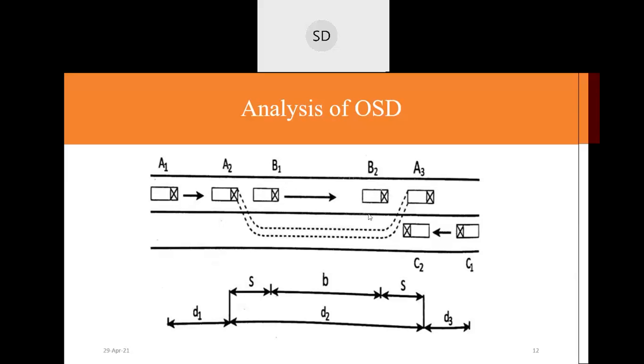And this is the position of a vehicle moving from the opposite direction with the design speed, that is V meter per second, during the actual overtaking time, capital T seconds. So let us go for the analysis of the overtaking sight distance.